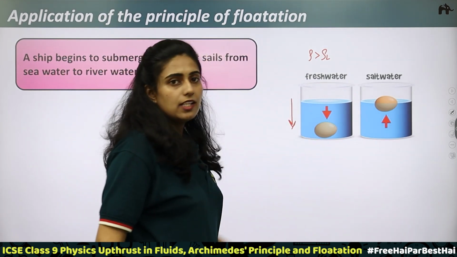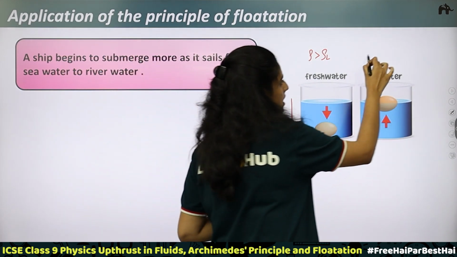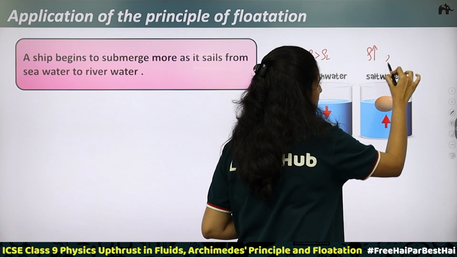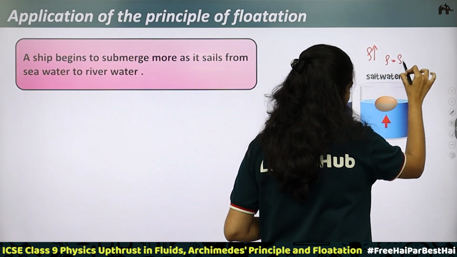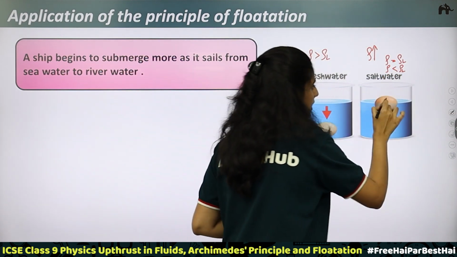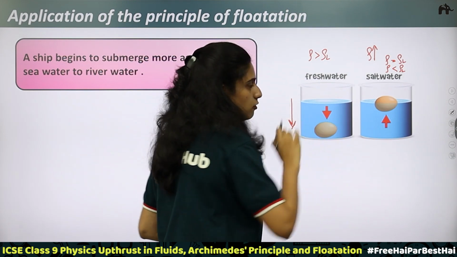Now when you are adding salt to this liquid, the density is increasing. So when density increases, once the density of the body becomes equal to the density of liquid, or the density of the body is less than the density of liquid, the body will start floating.